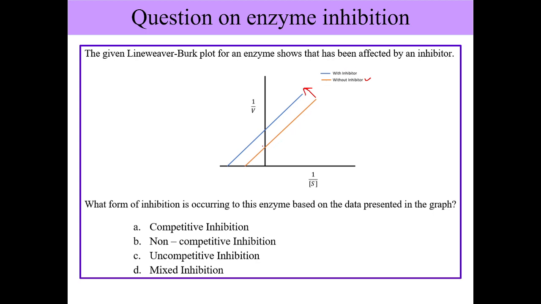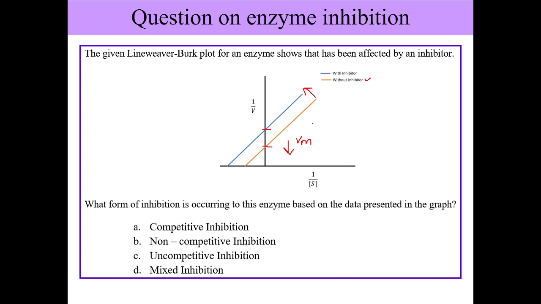So what do we see? This is your 1 by Vmax initially, this is the 1 by Vmax later. That tells you that if 1 by Vmax has increased, that means Vmax has decreased.